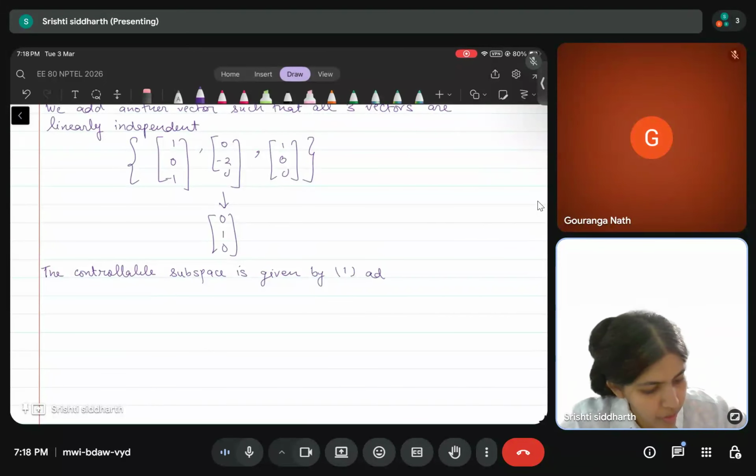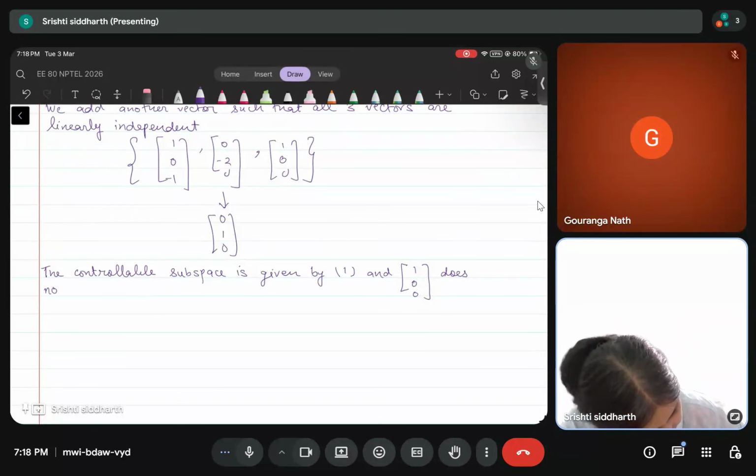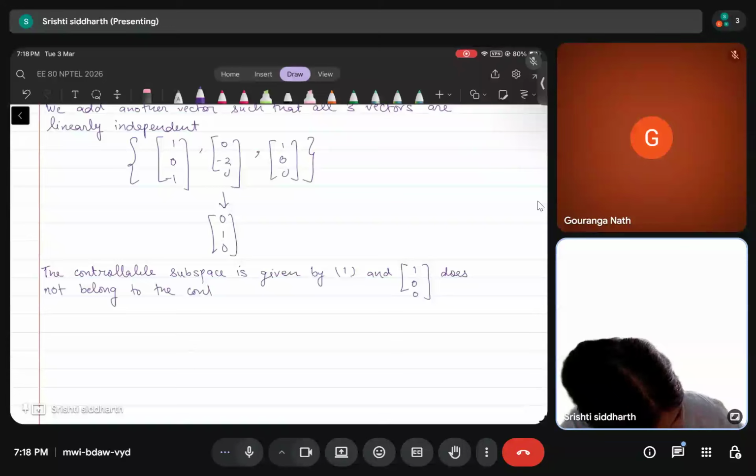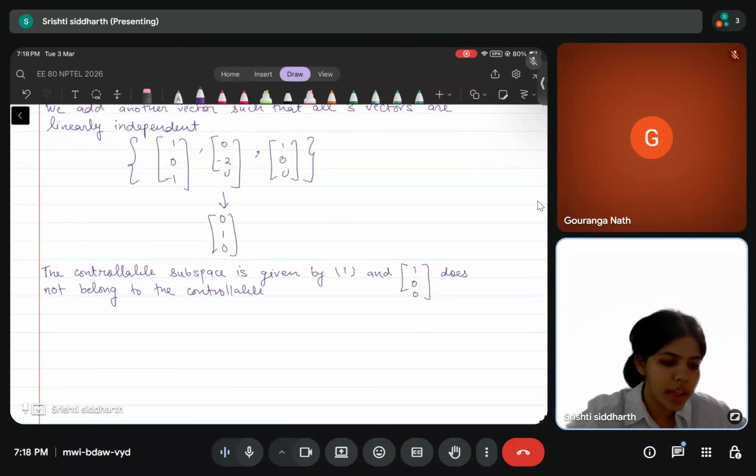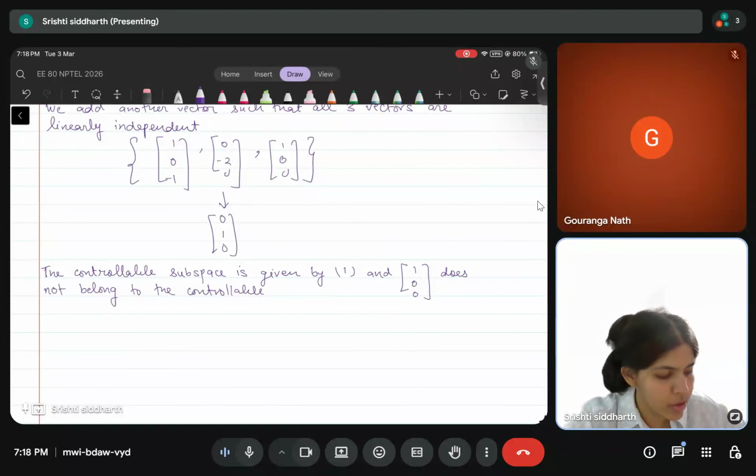And the third vector which you have chosen to form the transformation matrix does not belong to the controllable subspace. This means that 1 0 0 is not a linear combination of the first two vectors, 1 0 minus 1 and 0 minus 2 0.